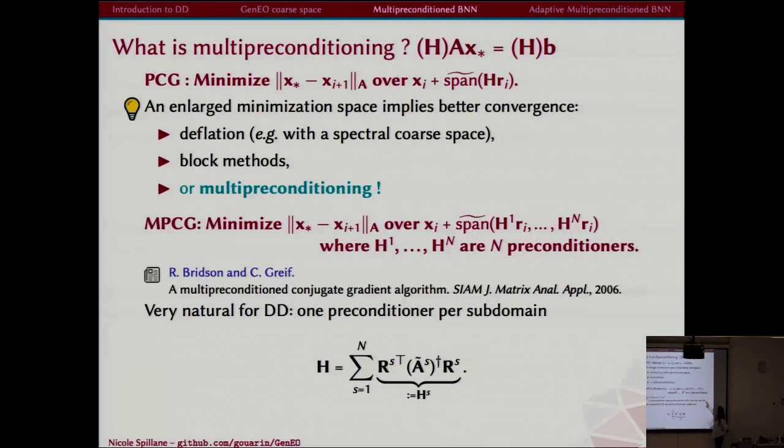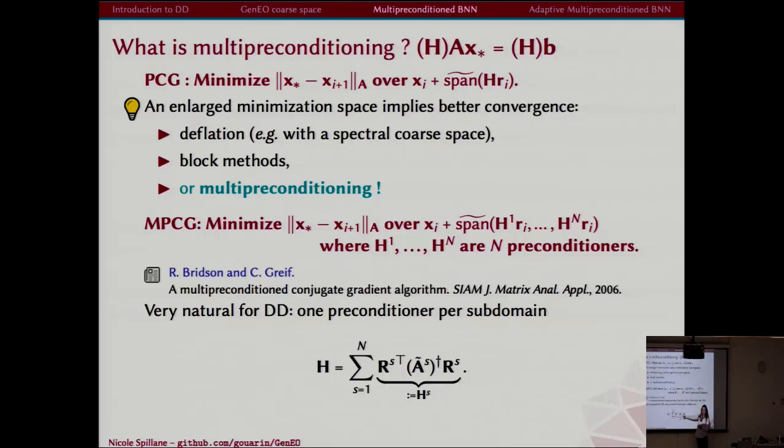This is the original multi-preconditioned CG paper by Bridson and Greif in 2006. They immediately pointed out that domain decomposition is a very natural application for multi-preconditioning. The reason is that all the domain decomposition preconditioners can be written as a sum of local solves in the subdomains.